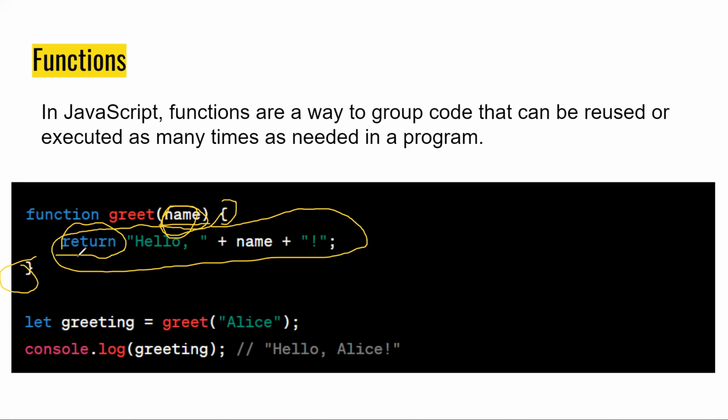Once your JavaScript runs your function and encounters this return, it's going to bring out what you want it to return, and then terminate the code at that point. Anything you write after the return is not going to execute. We're definitely going to see all of that.